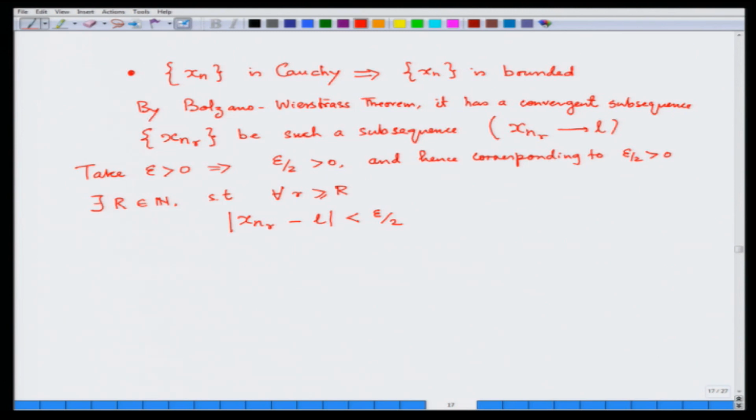Now your next step, for which we will give the detailed proof when we do the exercises, will be asked as an exercise. So, I am giving you the steps of the exercise.